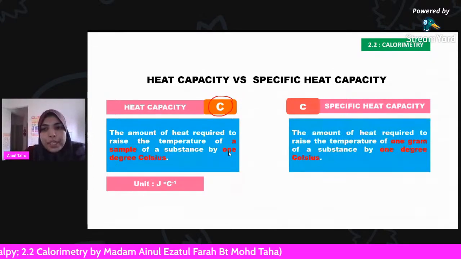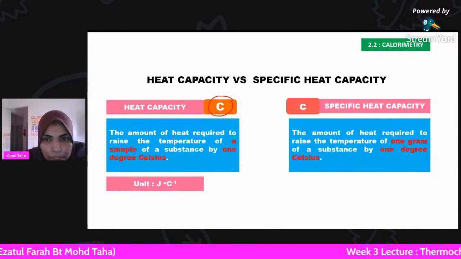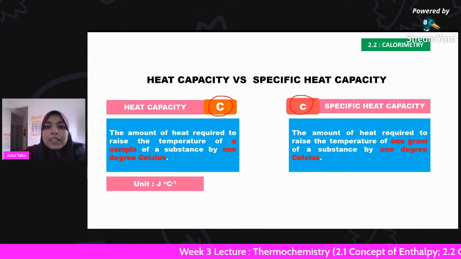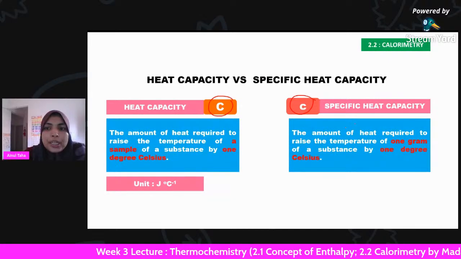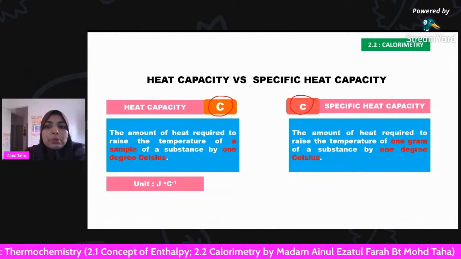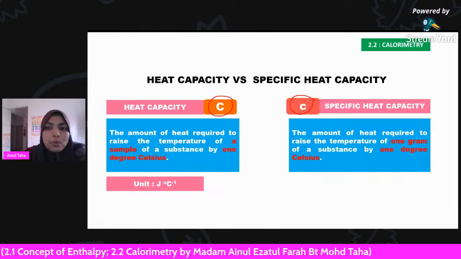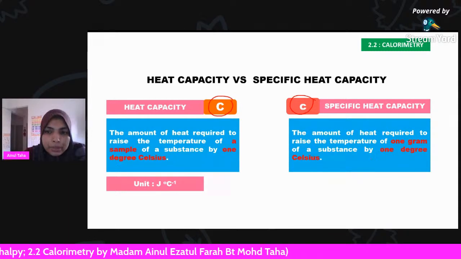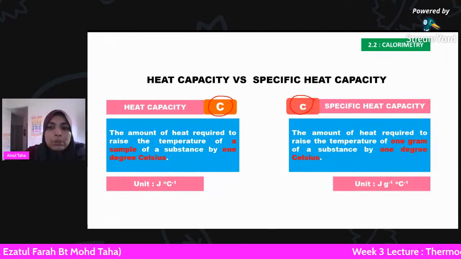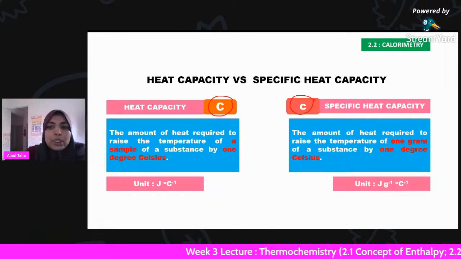But for specific heat capacity, the symbol is small c, and the definition is: specific heat capacity is the amount of heat required to raise the temperature of 1 gram of a substance by 1 degree Celsius. So the unit used is joule per gram degree Celsius.